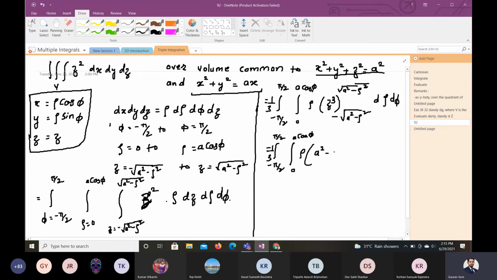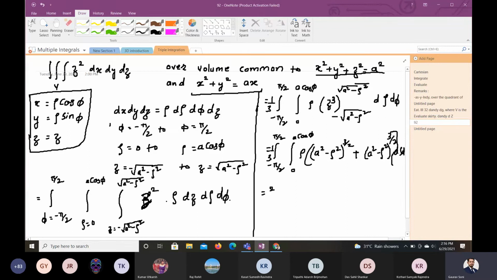So a square minus rho square raised to 3 by 2, minus, a square minus rho square under root, when you cube it, still it will become minus, and this will make it plus a square minus rho square raised to 3 by 2, d rho d phi.